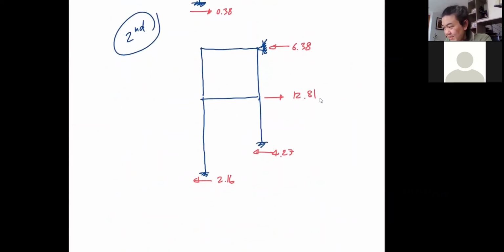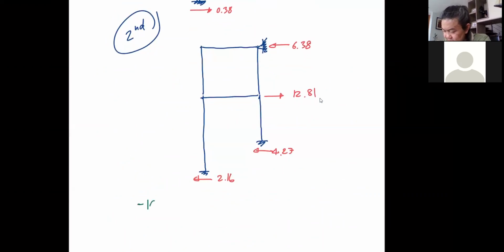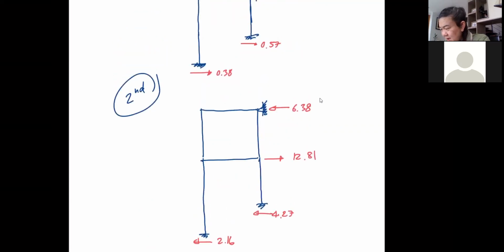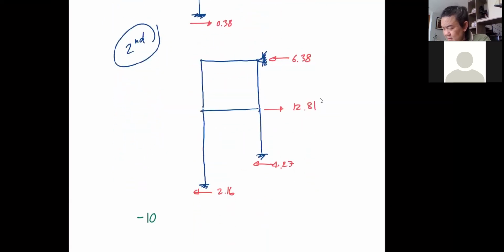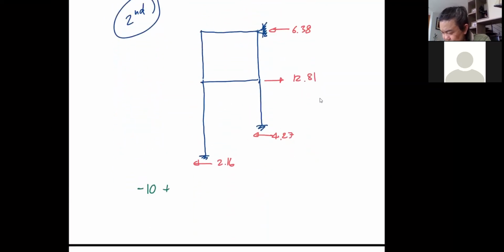Because the first 10 is going left, I say going left is negative. So from the load we want minus 10, now we have 3.38 going to the right. So it's going to be plus 3.38 x1 minus 6.38 x2 equal to 0. That becomes your first equation.